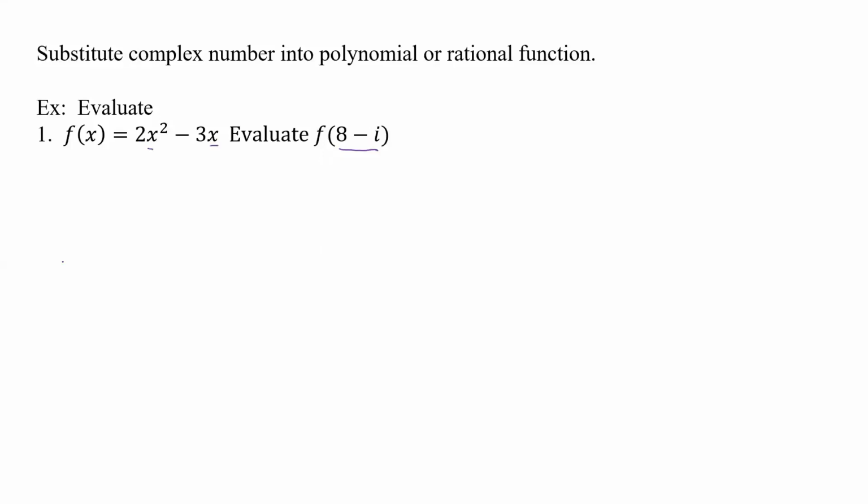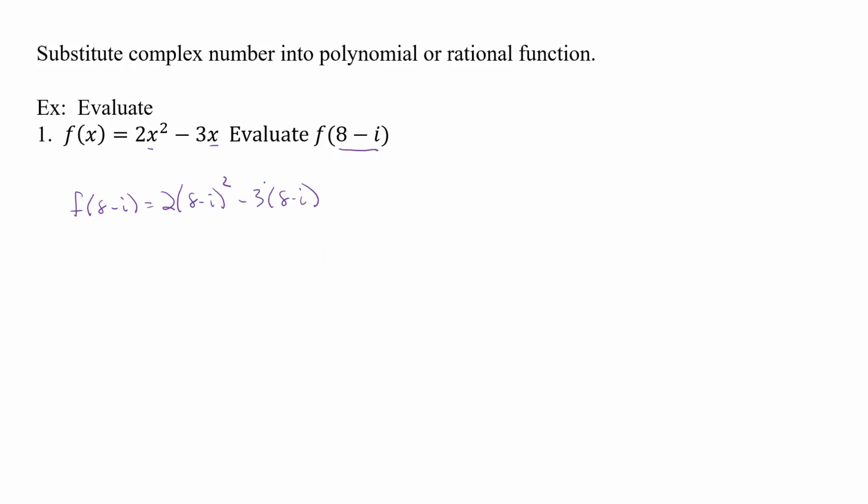So nothing more than what we've done before with just normal numbers. So f of 8 minus i is equal to 2 times 8 minus i, the quantity squared, minus 3 times 8 minus i. Okay. So now what do we do?